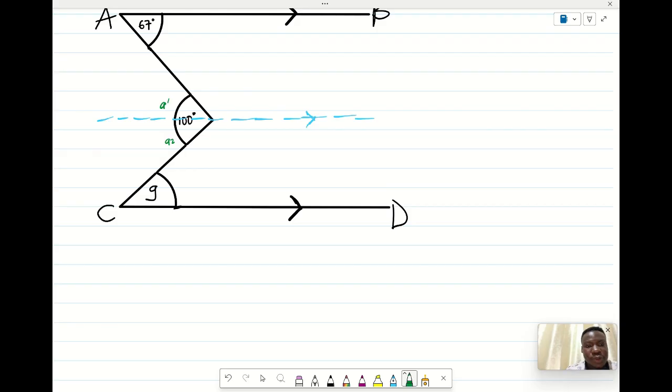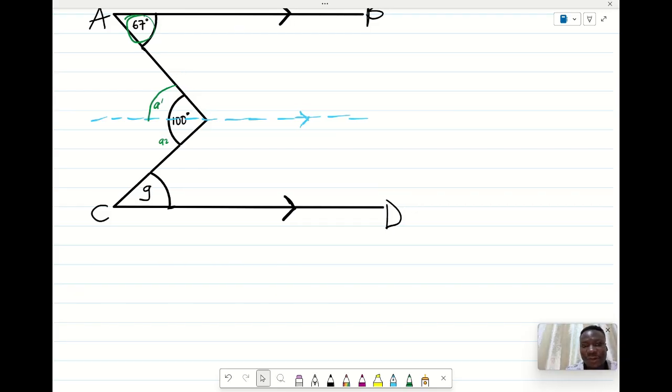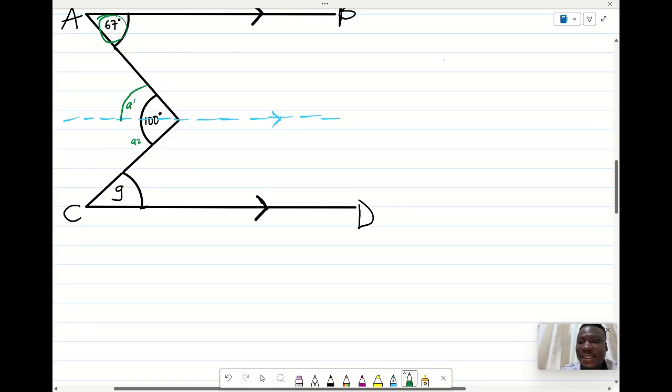Now, clearly we can see that the 67 degrees above here is alternate to angle A1. And since alternate angles are equal, we can say that the angle 67 degrees is equal to angle A1.